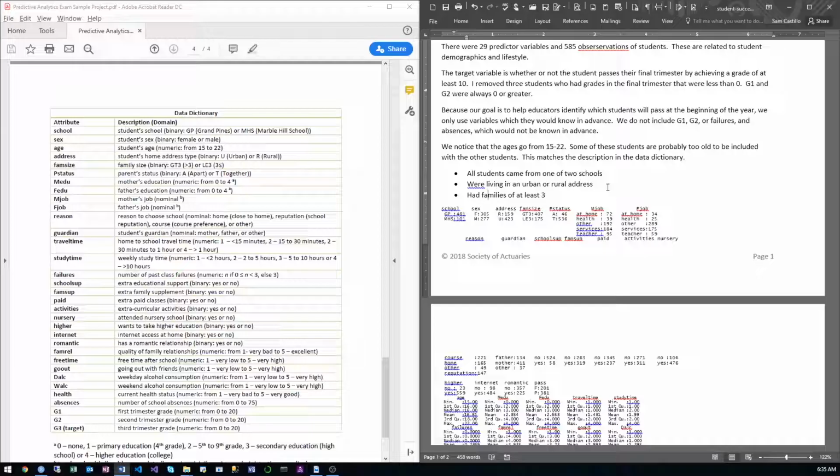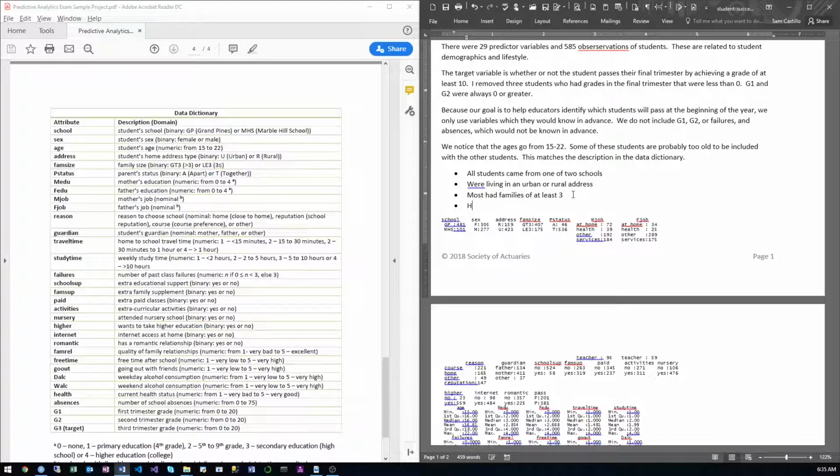Say most had. What is P status? Parent status, apart or together. Most had parents that were together.